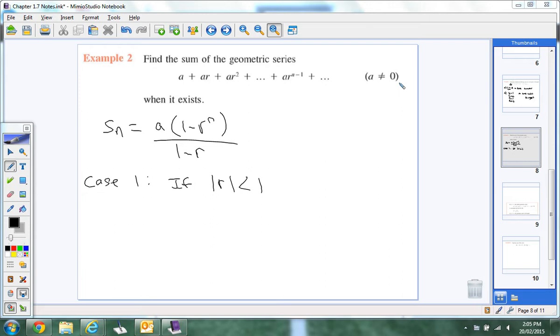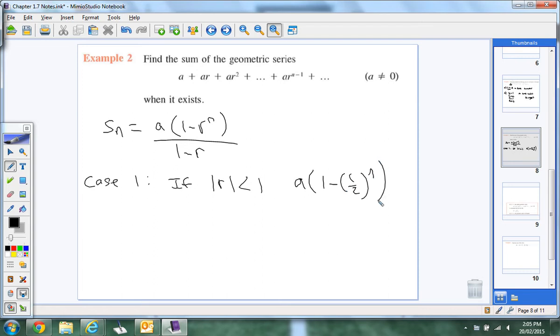If I put in, let's just use 1/2 for example, what did we learn yesterday about fractions under 1 raised to an exponent? What happens to this 1/2 over time? It ends up being 0, right? 1/2, 1/4, 1/8, 1/16.